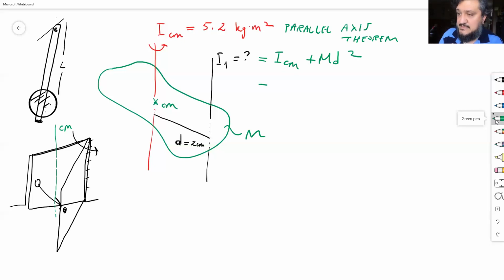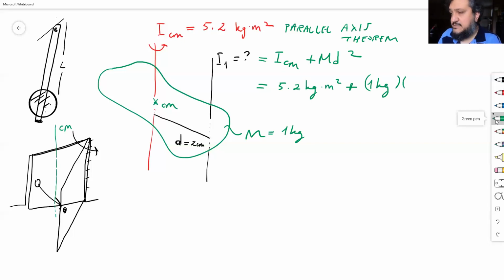So in this case, it becomes 5.2 kilograms meter squared plus, let's say mass is 1 kilogram, plus 1 kilogram times 2 centimeters, which is 0.02 meters squared, okay?